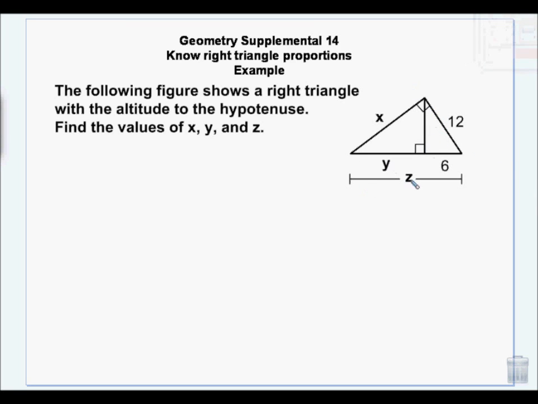So we're going to use triangle similarities to find these. 12 and x are in proportion, and 6 and y are in proportion, and then you can use z, and 12 and x are also in proportion.